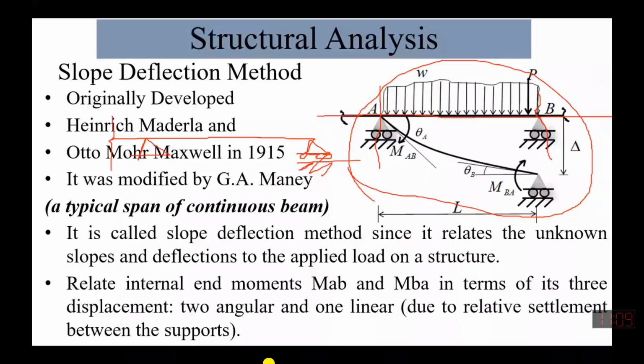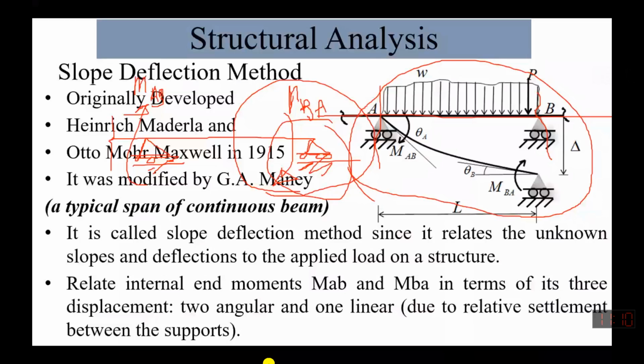So if your far end is pin, then let's say this is your MAB, and this is MBA. What will be the value of MBA if this end is pin? 0, sir. 0.